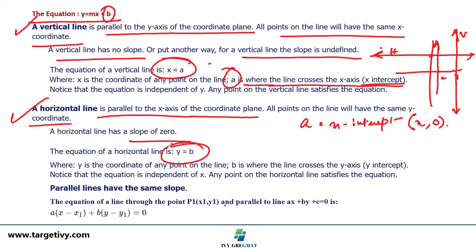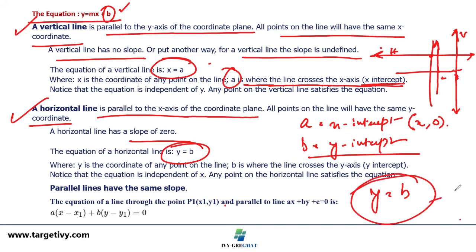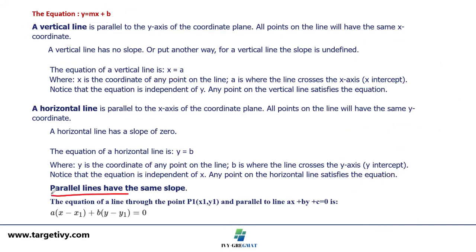That means b, which is the y-intercept, is having a value y is equal to p. You may always say that parallel lines have the same slope.